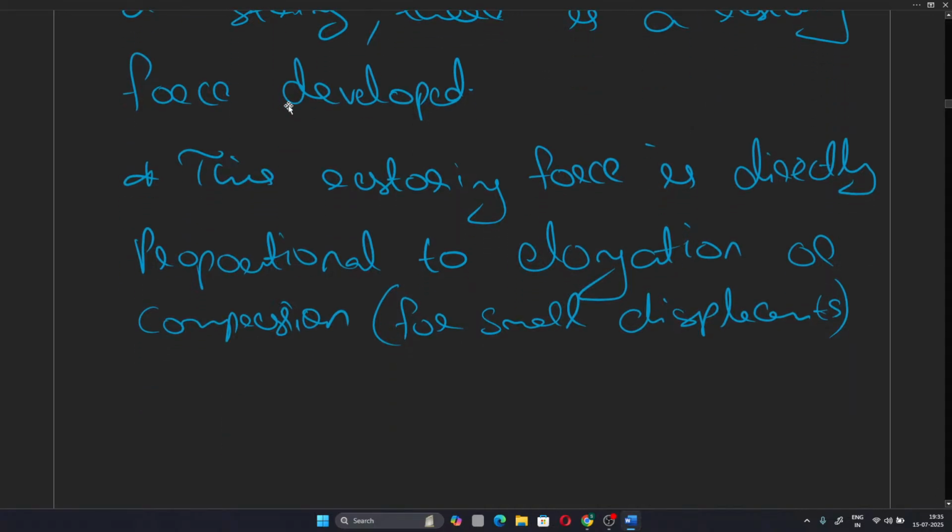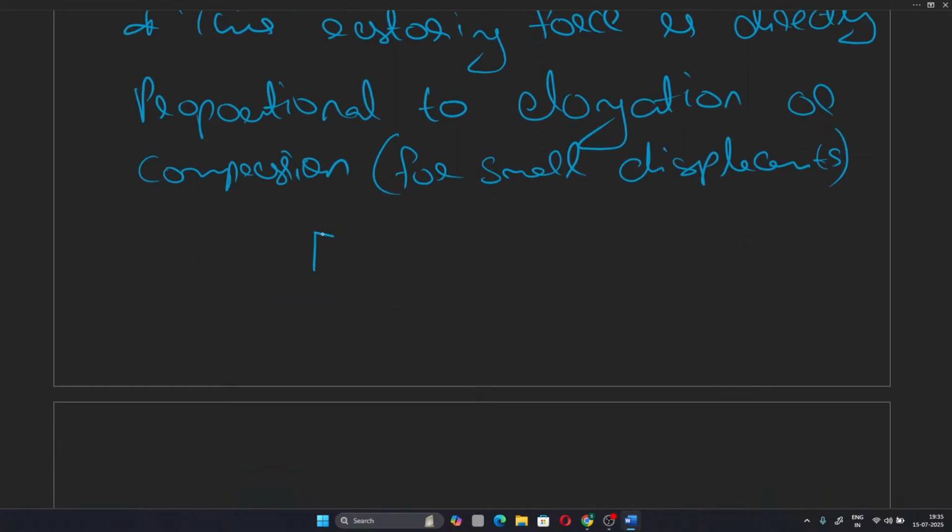They are saying here force is proportional to displacement, where x is displacement, and force is equal to minus k times x.